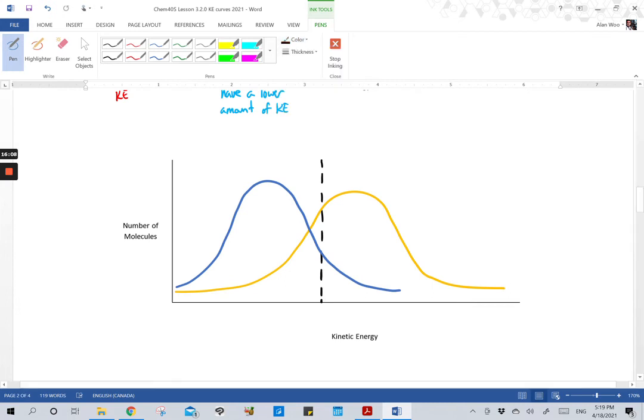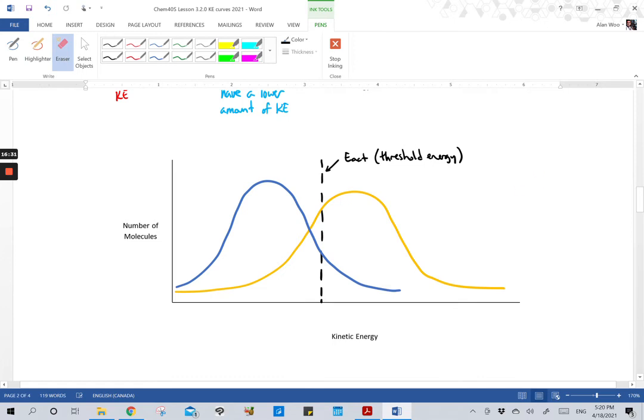Okay? This dotted line is what we call activation energy. On a KE curve, it's sometimes called threshold energy. But activation energy works just fine.